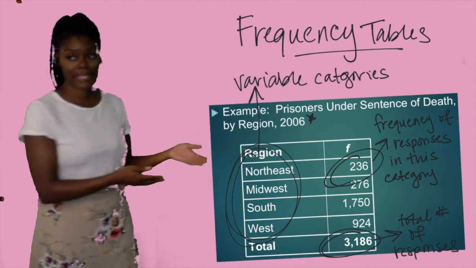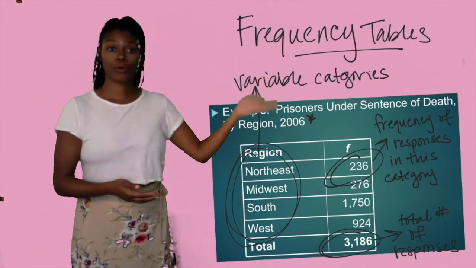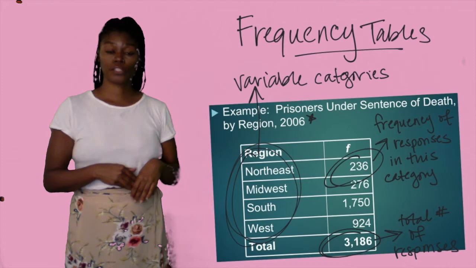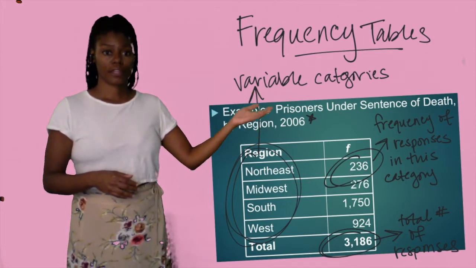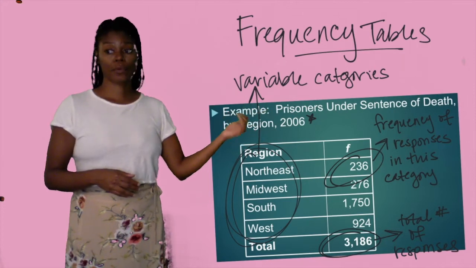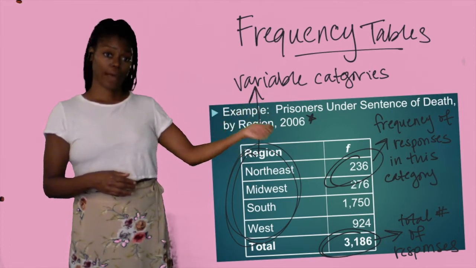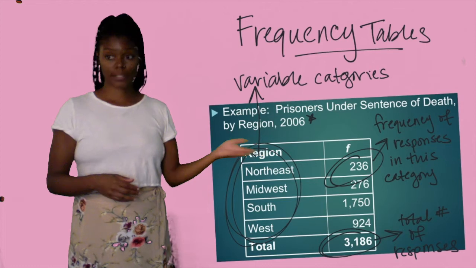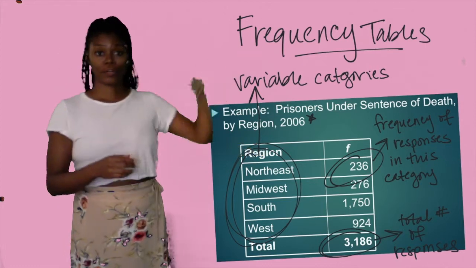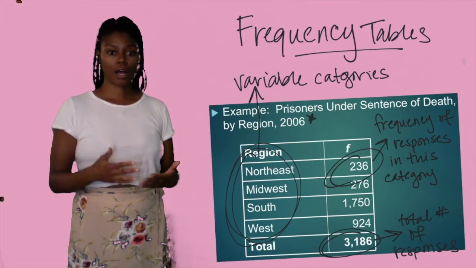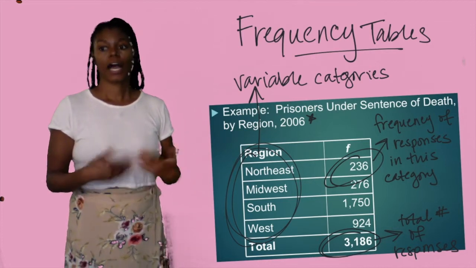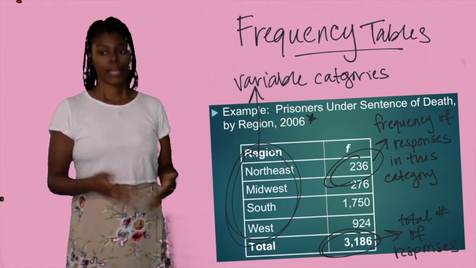So in this example, I have pulled a variable from the 2006 General Social Survey, prisoners under the sentence of death by region, Northeast, Midwest, South, and West. Frequency is denoted by lowercase f, and it is literally the number of responses in a given category.